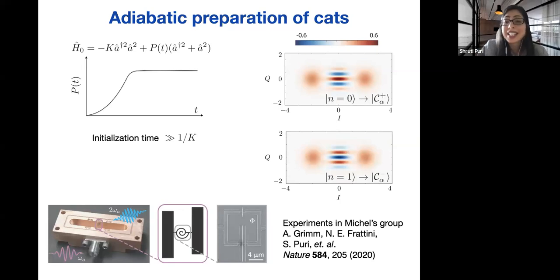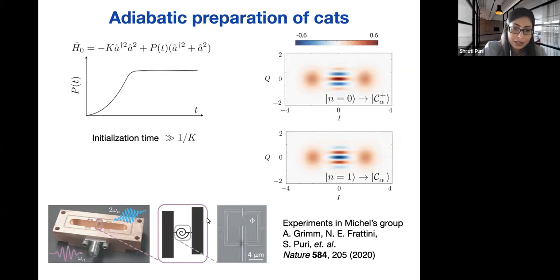I'm very happy to say that our theory results were confirmed in experiments recently, and this is the experimental realization of cat states. This experiment was done in Michel Devoret's lab at Yale by two amazing experimentalists, Alex, Krim, and Nick.